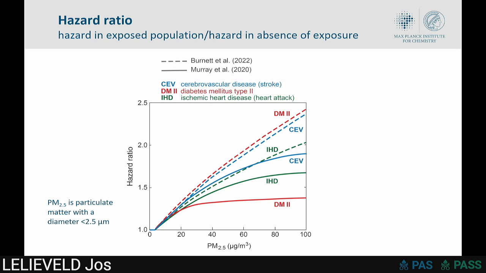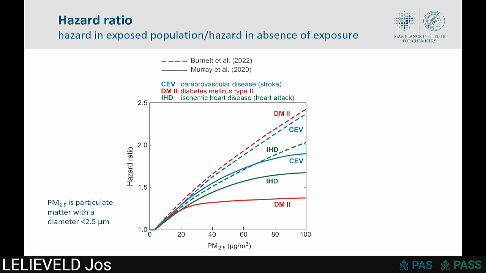A central aspect of epidemiological studies is the hazard ratio, and you can see that here, and you see these solid lines and the dashed line. And the solid lines are from epidemiological cohort studies that actually use these proxies. So the good news maybe is that these lines are a bit lower.